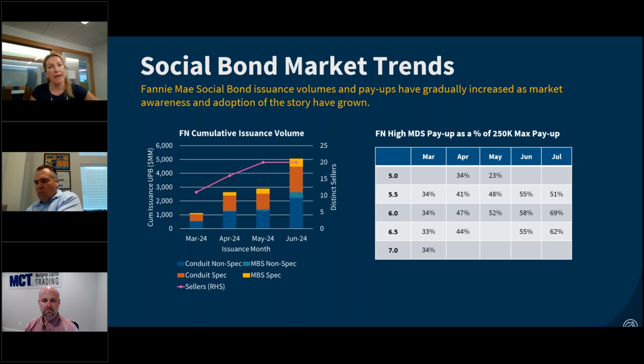And so perhaps the point to make here is that for loans that are eligible for more established stories like loan balance, the best execution is still going to be in those stories and not in the high MDS pools. But the demand for the high MDS story is growing, and it's definitely rivaling some of the lower payup stories like high LTV and even Geo in some coupons. And so that's where we see some new pooling opportunities.